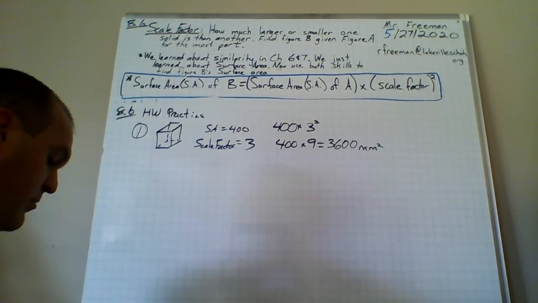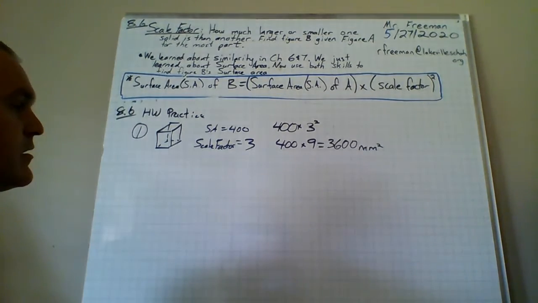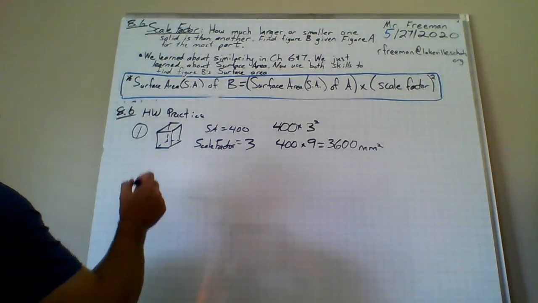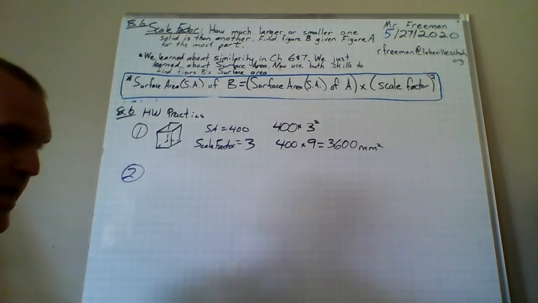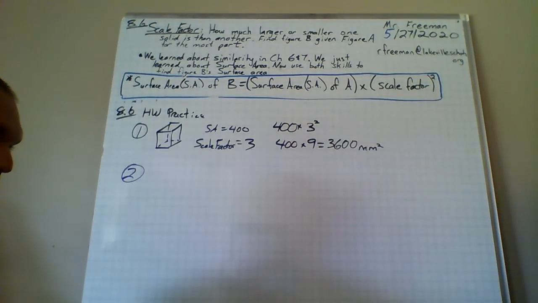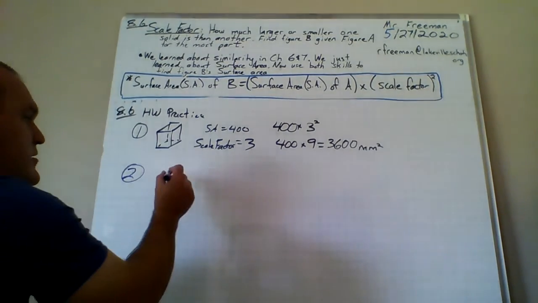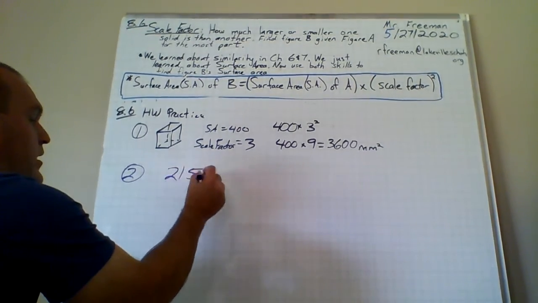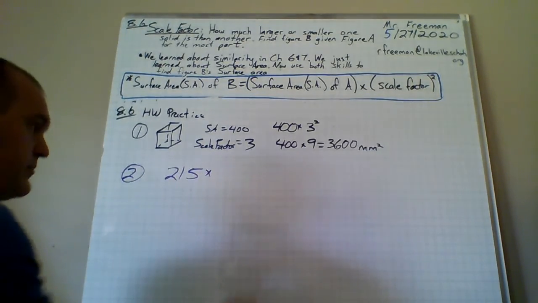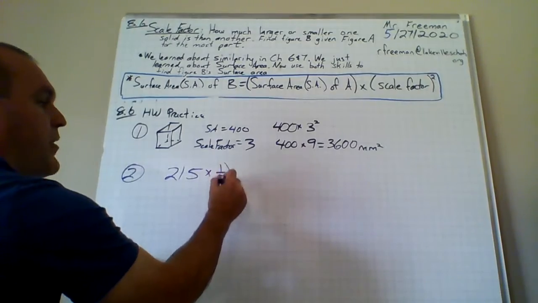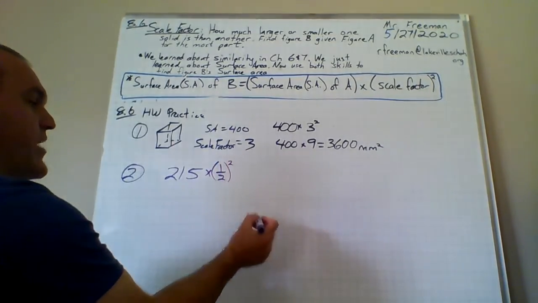If I jump down to number 4, talking about a wedge of cheese. Okay, wedge of cheese. They don't really concentrate on how you find that area. We've never used really a wedge formula. Kind of like a conish type shape. But if you have a wedge of cheese that's a 215 surface area, and they give you the scale factor of 1/2, remember we have to take that scale factor and square it.